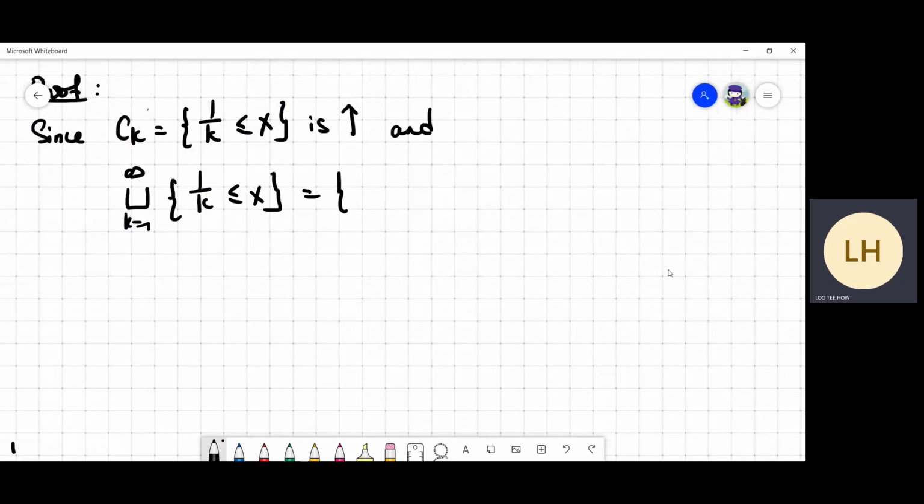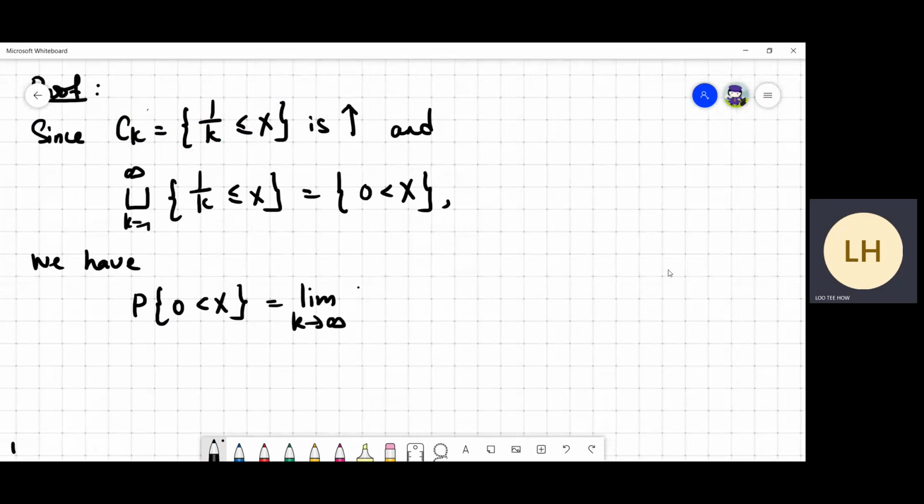So this is just equal to the event x is greater than 0. So hence we must have P of x greater than 0 must be equal to the limit of k to infinity of P of this.